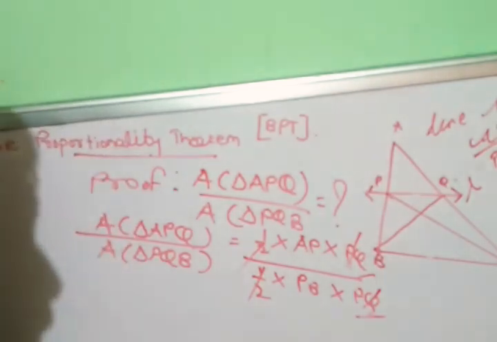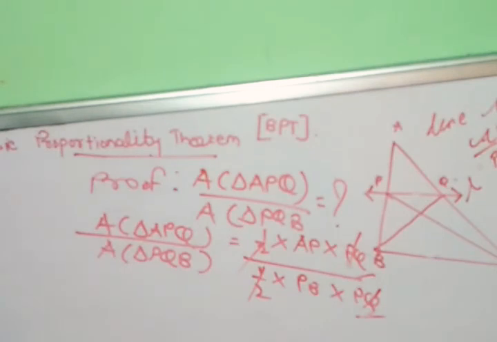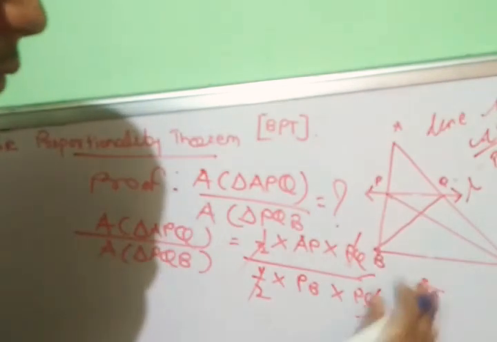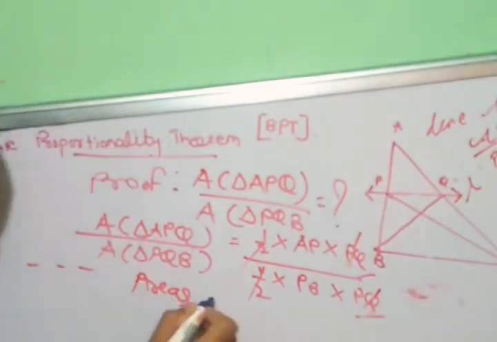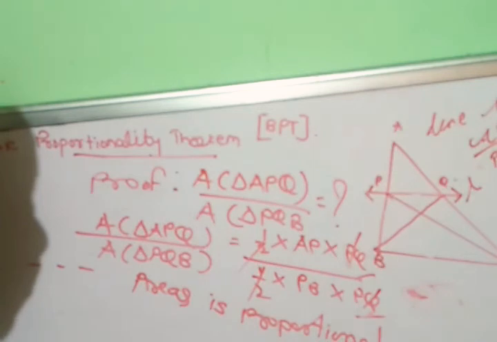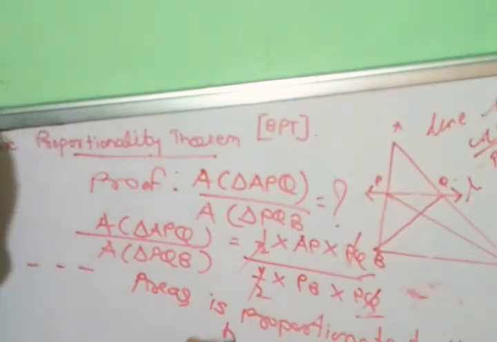So according to the theorem on the ratio of areas of triangles, the area is proportionate to the bases, because the bases are not equal.